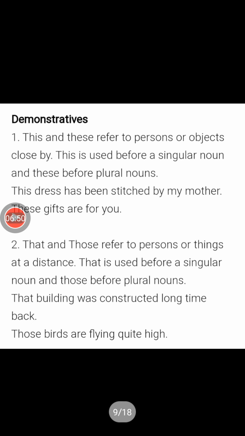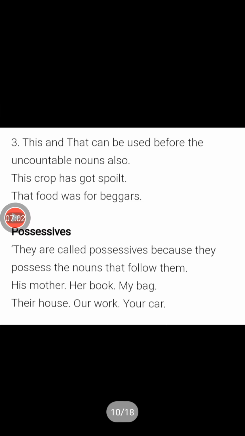Then let's come to demonstratives. This and these refer to persons or objects close by, and that and those are used for distant objects. Now this and that can be used before uncountable nouns also, like this crop has got spoiled, that food was for beggars. Now we are coming to possessives.